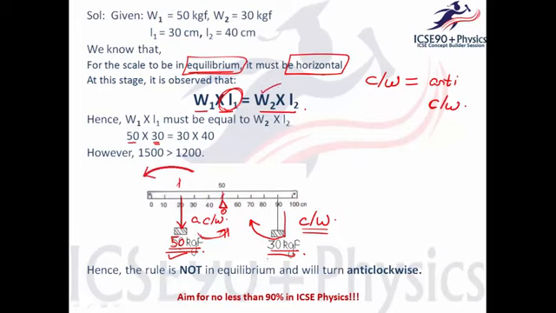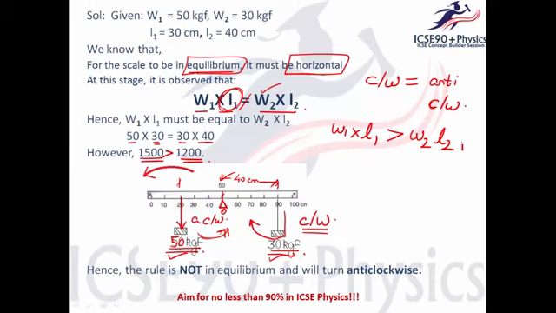W2 is 30 kgf, and L2 is 40 centimeters from the central pivot point O. So 50 into 30 is equal to 30 into 40? But 50 into 30 is 1500 Newton meter, which is greater than 30 into 40, which is 1200 Newton meter, right? So this condition is not satisfied, as W1 into L1 is greater than W2 into L2.